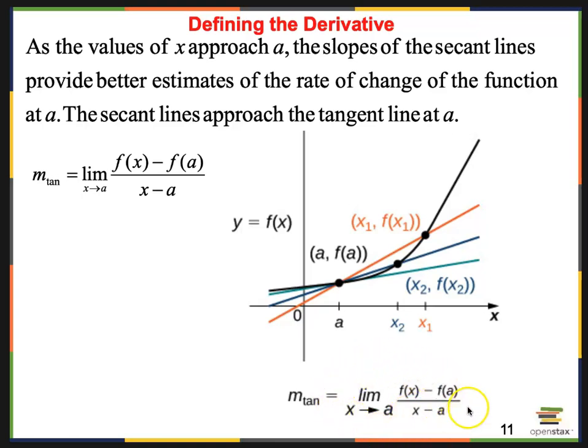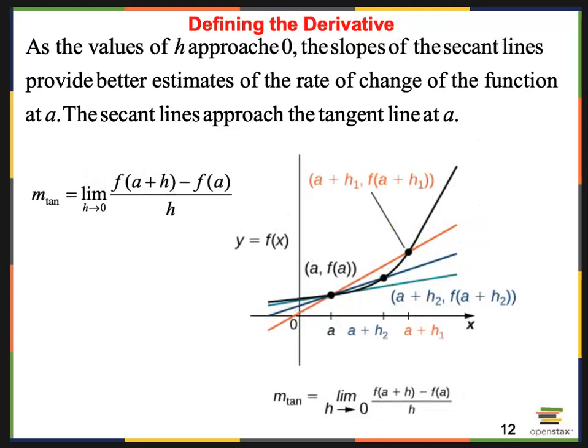So we're looking at the limit of a difference quotient. Remember, a difference quotient is just a slope, change in y over change in x. We're going to take the limit of it as x approaches a. Okay. As the values of h approach 0, now we're looking at this particular quotient function.